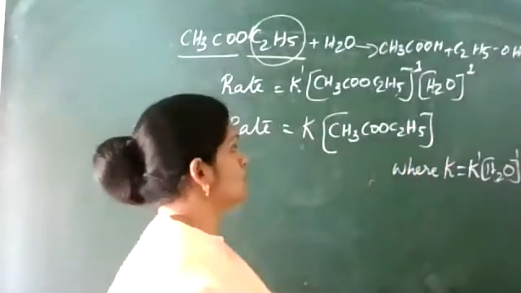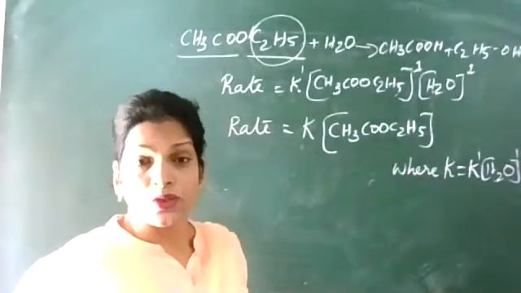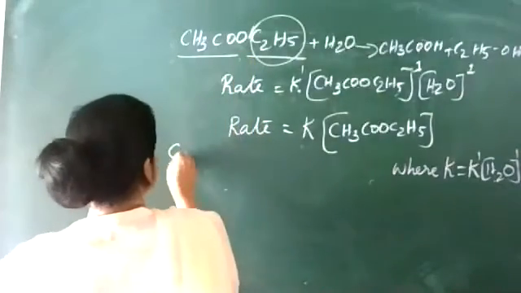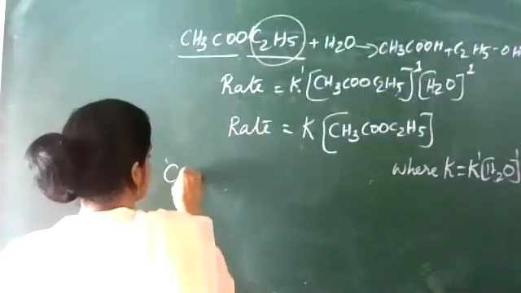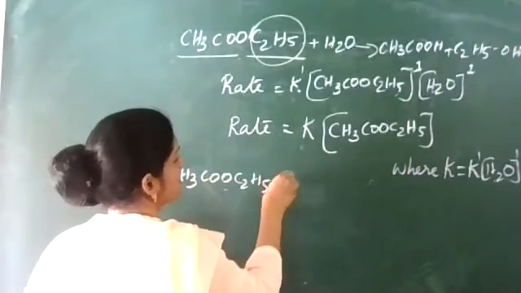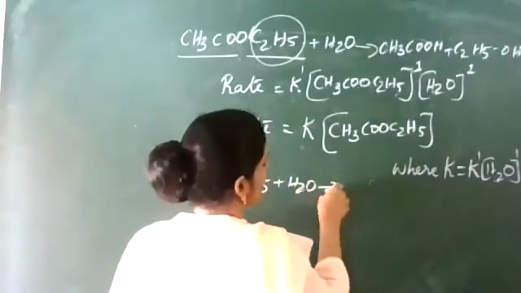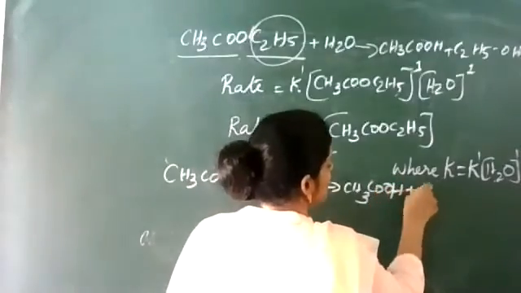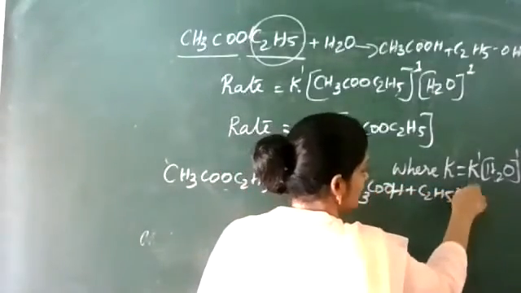Now, what is the condition? Water is in excess. For example, in this case, CH3COOC2H5 plus H2O gives CH3COOH plus C2H5OH.